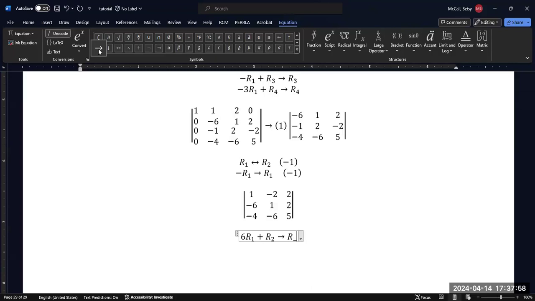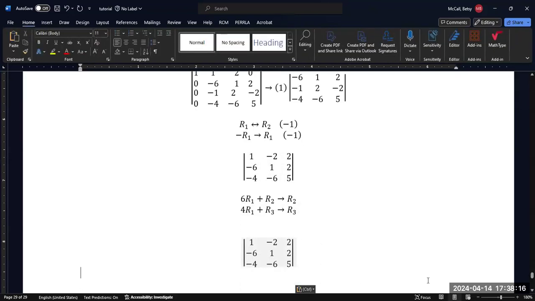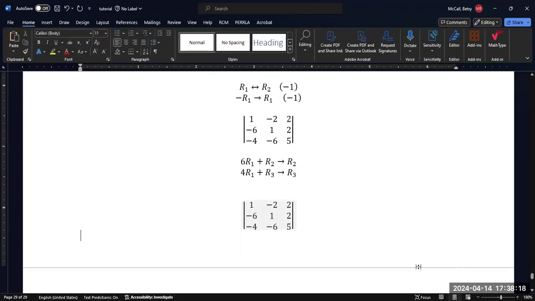And as long as I put it back in row 2, I have not changed my determinant. And then same thing for 4 row 1 plus row 3. I'm going to put it back into row 3. And so I have not changed my determinant. And so 6 times 1 is 6 plus -6 is 0. 6 times -2 is -12 plus 1 is going to be -11.